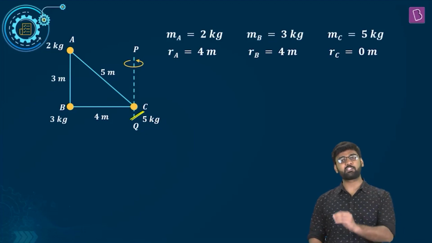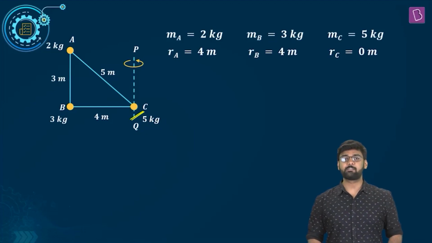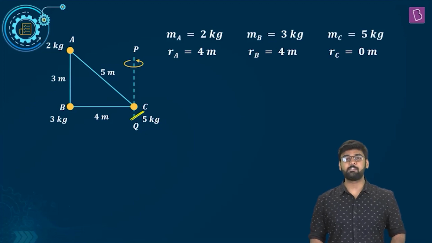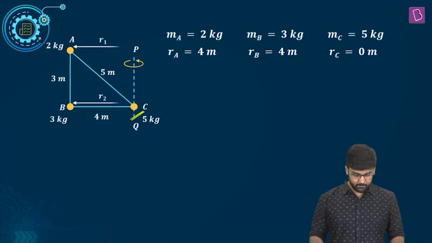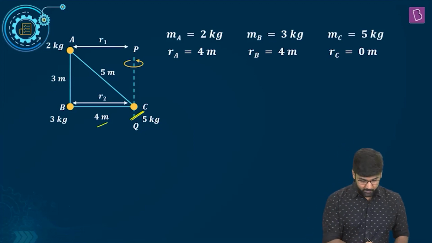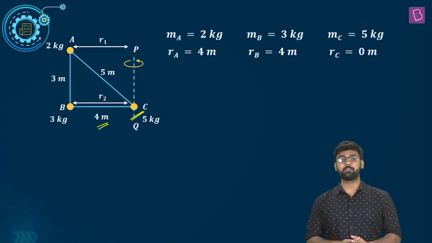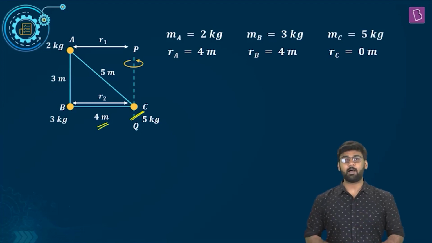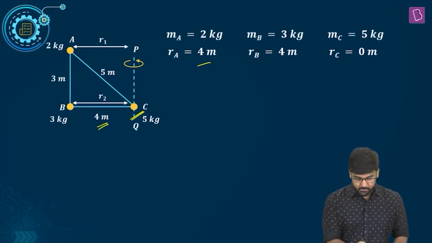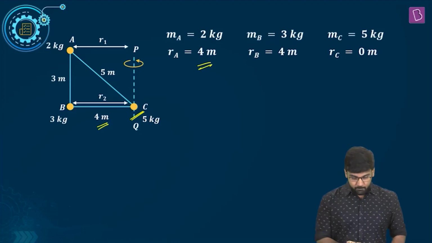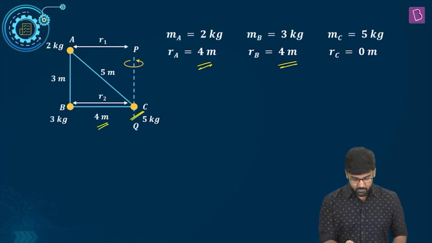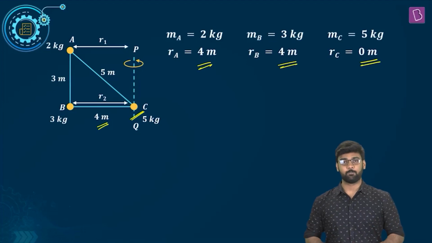It's actually placed on the axis of rotation, so the distance is 0. And for the other two masses, 2 kg and 3 kg, the distances are R1 and R2, which are equal to 4 meters. The perpendicular distance R1 and R2 both are equal to 4 meters. So for MA, we have the distance 4 meters. For MB, we have the distance 4 meters. And for the third mass, MC, we have the distance 0.